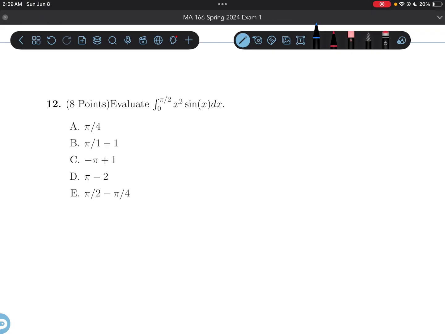Integration by parts states that we can use this formula: the integral of u dv is equal to uv minus the integral of v du.